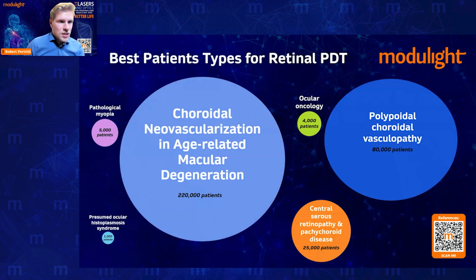Starting from the left side, pathological myopia is a condition where anti-VEGF injections are standard of care, but in some selected cases PDT could also be used, for example, for patients that have dome-shaped macula or patients who have had a stroke within the last 90 days.